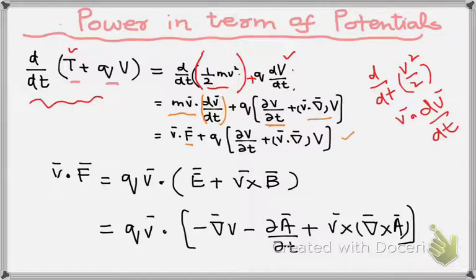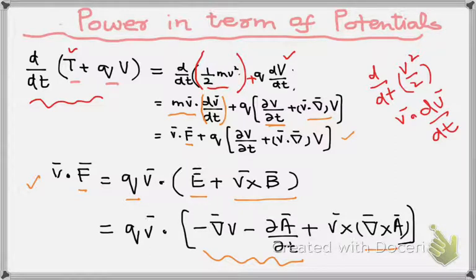Now you have to find out the v dot F. Again put F as the Lorentz force, q into E plus v cross B. In the next equation, write the value of E as minus del V minus partial A over partial t, and B in terms of vector potential is written as del cross A.